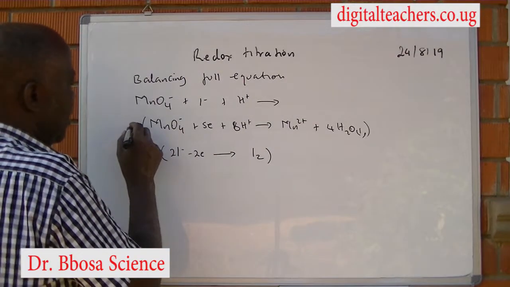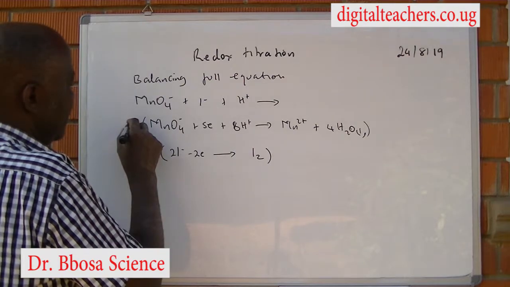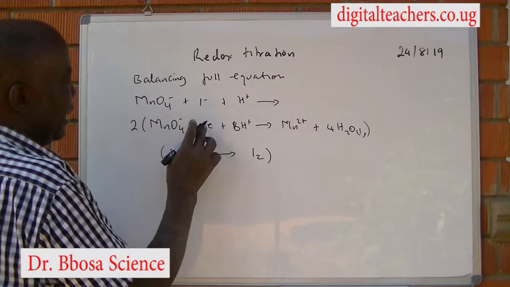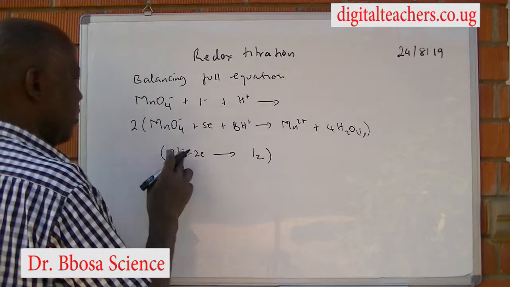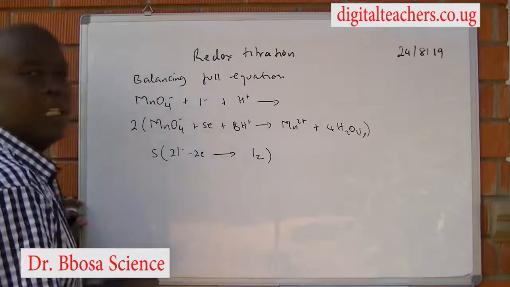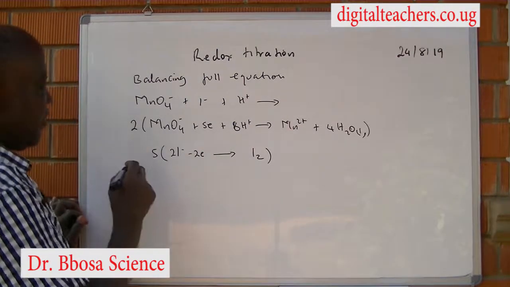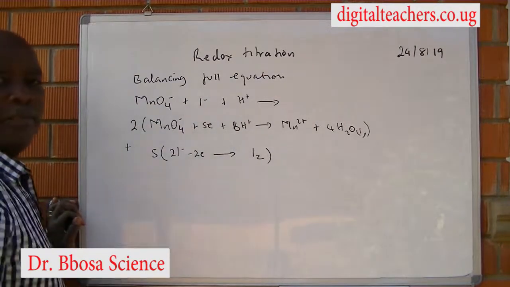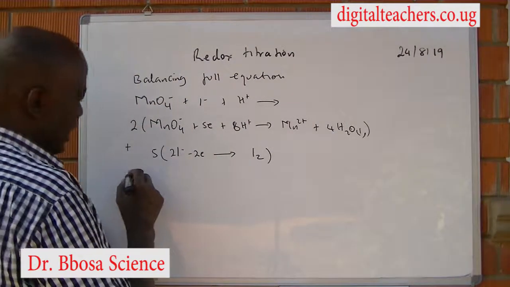In this case, we shall multiply this one by 2 to make this electron 10. Also, we shall multiply this one by 5 to make this electron negative 10. So that when we come to add the two equations, all the electrons are neutralized.